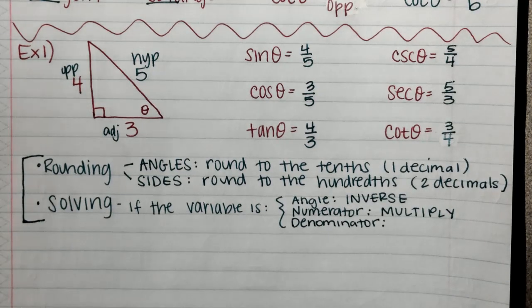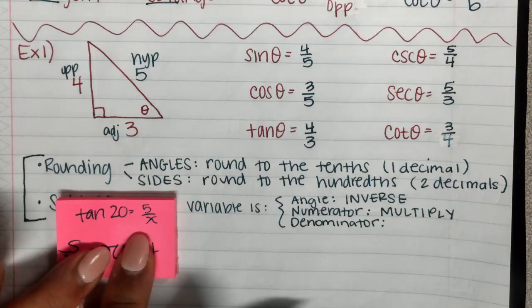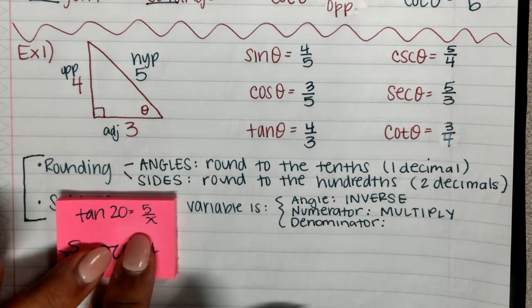What if the variable is in the denominator? Tangent of 20 is 5 over x. What do we do if the variable is in the denominator? Anybody remember?